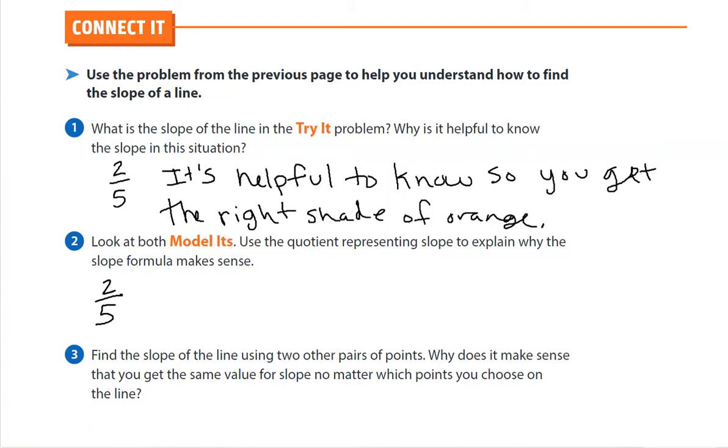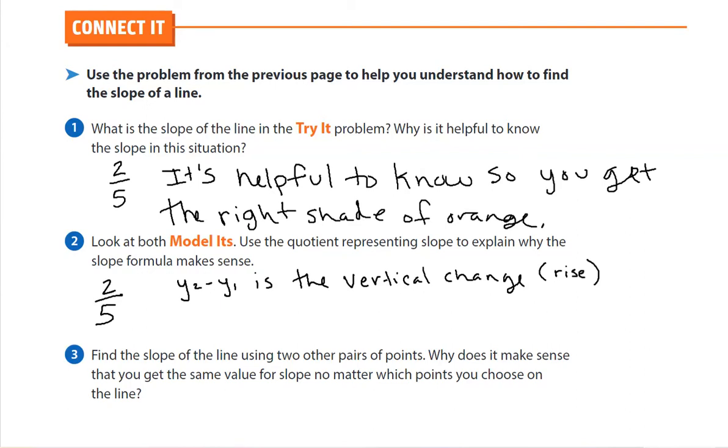Let's see. We'll just put y2 minus y1 is the vertical change, because y is the vertical axis. Vertical change, aka the rise. Up, rise.